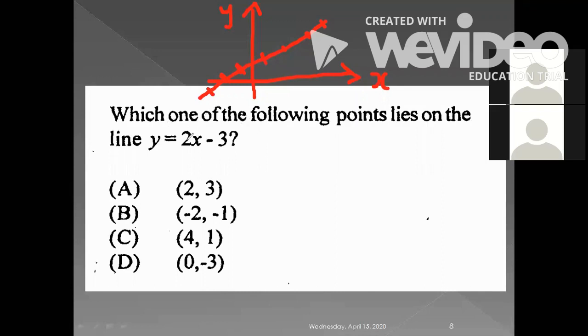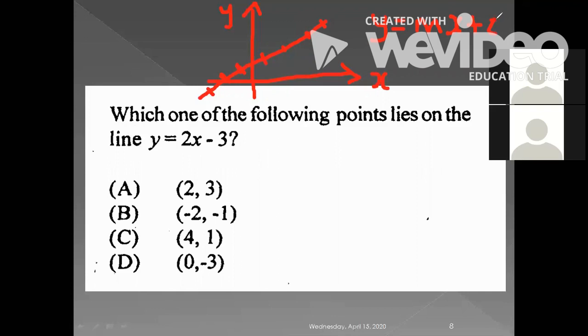Now, this question is asking us, by the way, all straight lines have the form y equals mx plus c. You guys remember that?